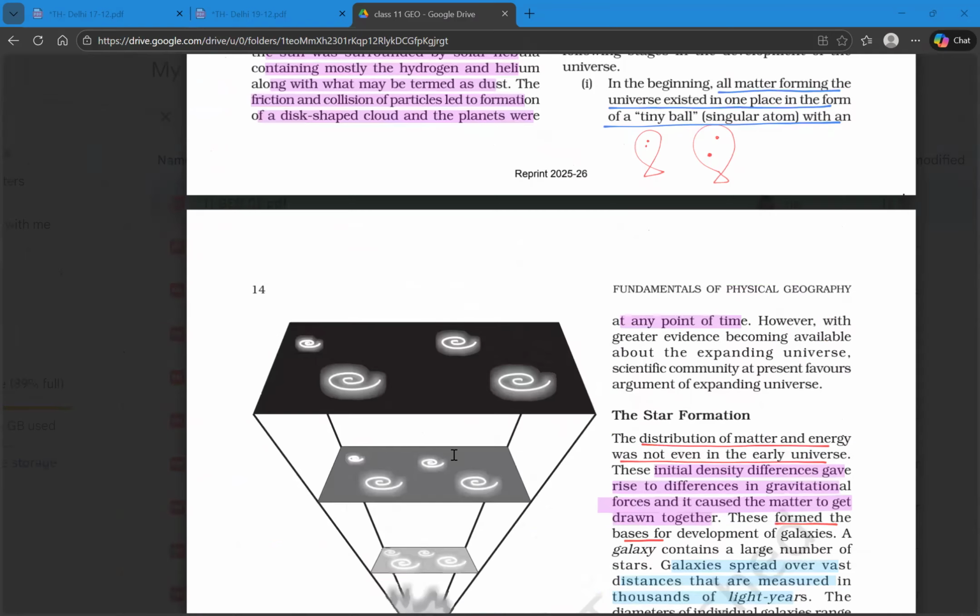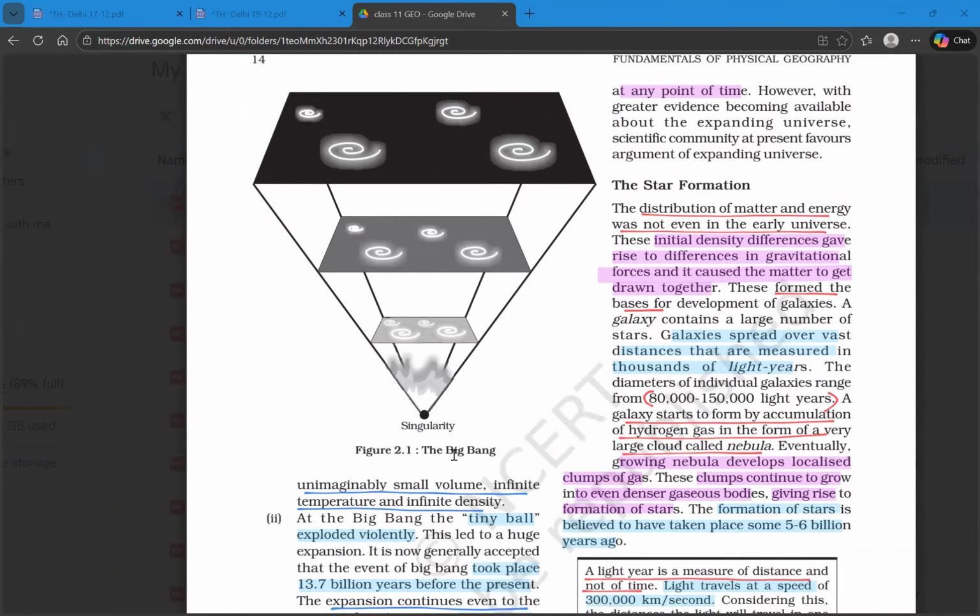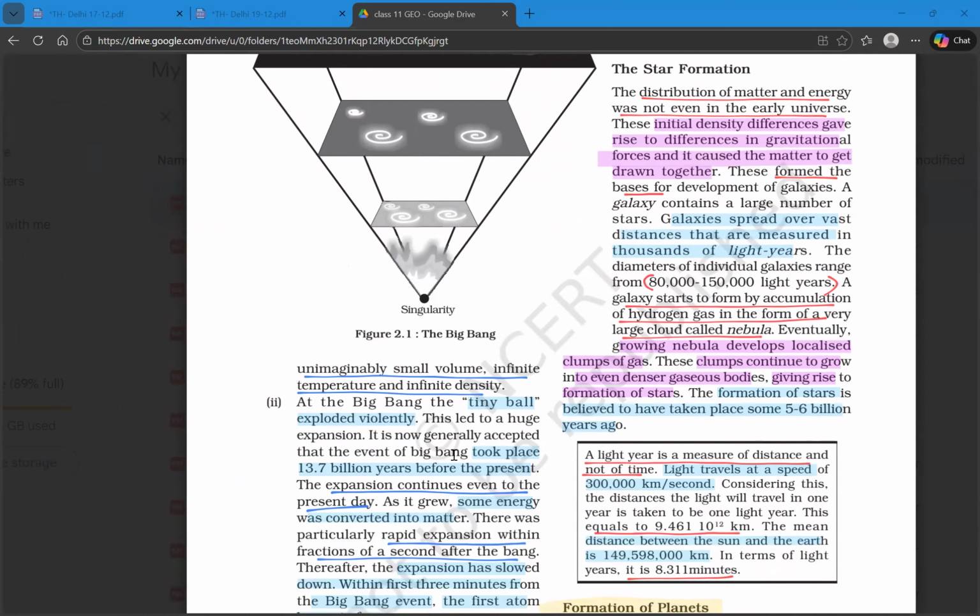At the beginning, there was a tiny ball, or what we call singularity, with unimaginably small volume, infinite temperature, and infinite density. But around 13.7 billion years ago, the Big Bang took place, where the tiny ball exploded violently. Within a second of the Big Bang event, there was a rapid expansion, and thereafter the expansion slowed down.